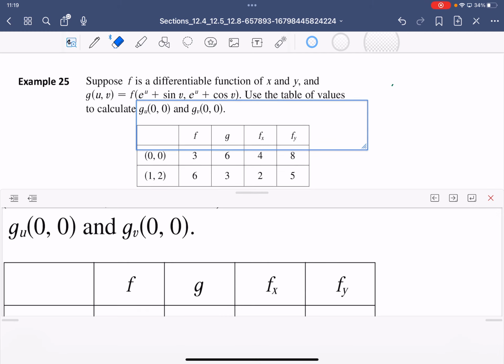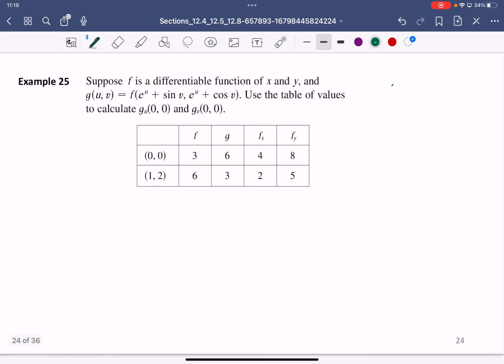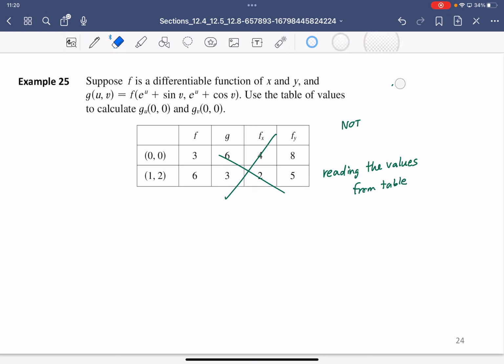So we are not going to ask you to read the value from the table for the chain rule. This is not necessary. Reading the value from the table is not covered on the exam, because we don't teach it for Thai students as well.